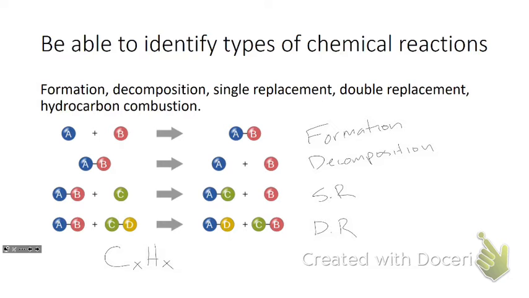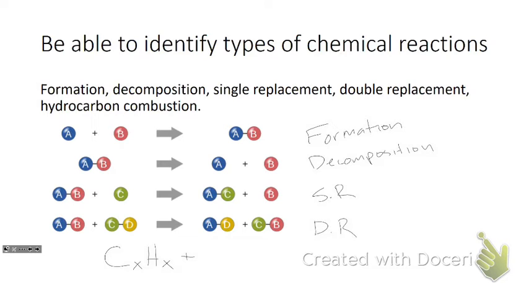It doesn't matter what numbers are on our hydrocarbons. This is just saying we have a hydrocarbon present, and a hydrocarbon only contains carbon and hydrogen. What are we doing to our hydrocarbon in a hydrocarbon combustion reaction?